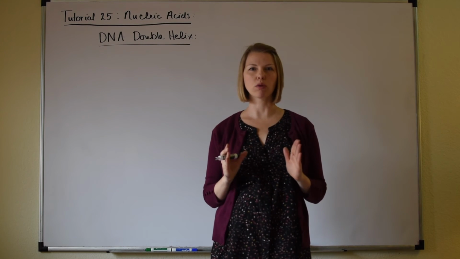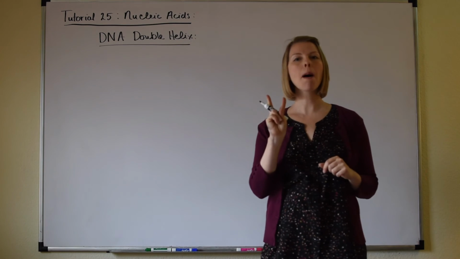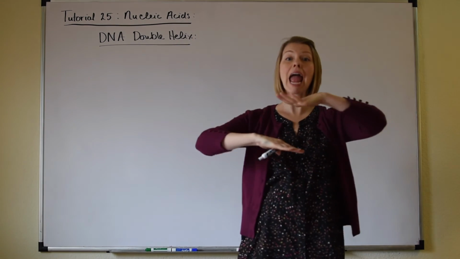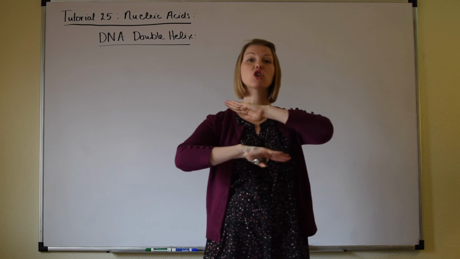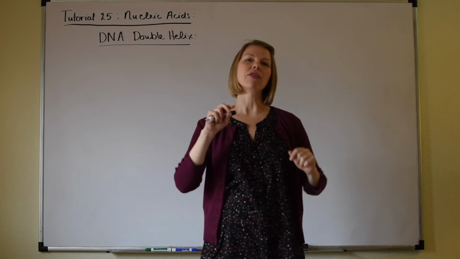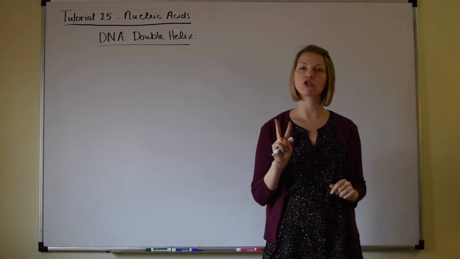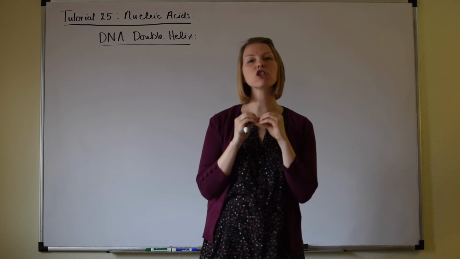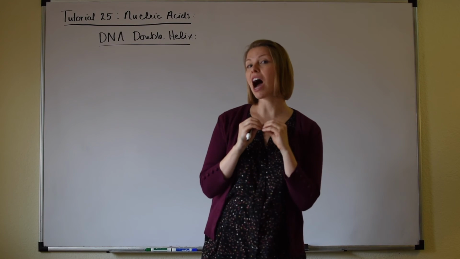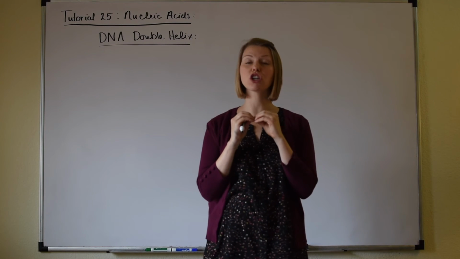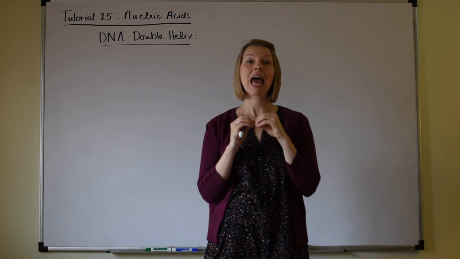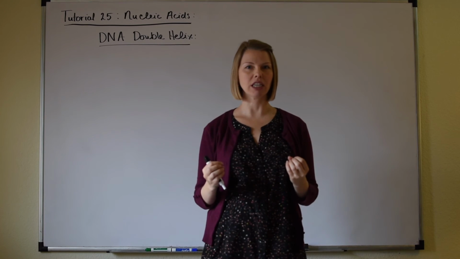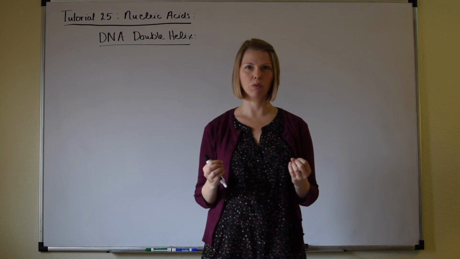DNA is composed of 2 polynucleotide strands running anti-parallel to one another. And those 2 polynucleotide strands are held together by hydrogen bonding. And that hydrogen bonding always occurs between A and T and C and G. No other combination will work.